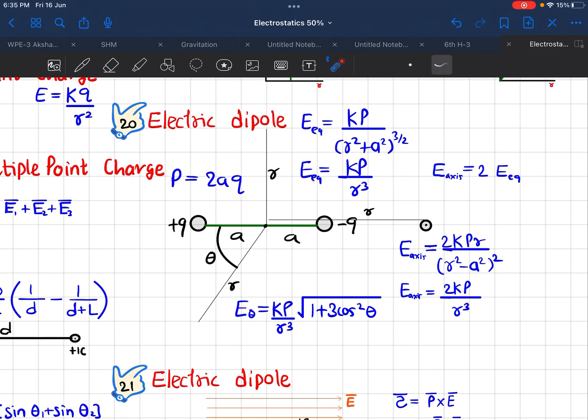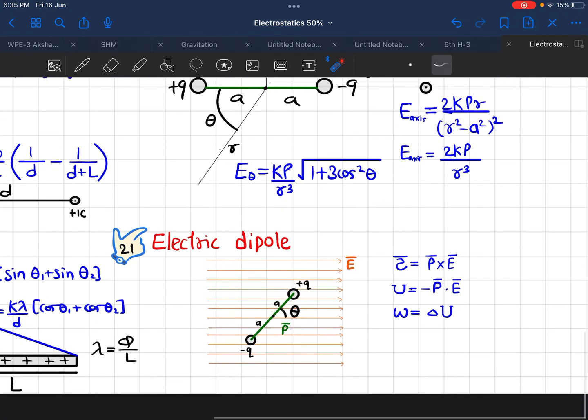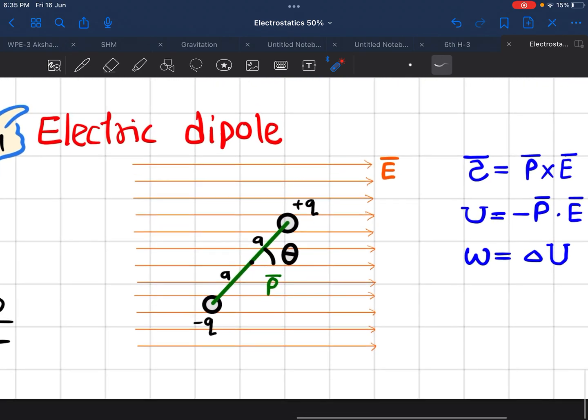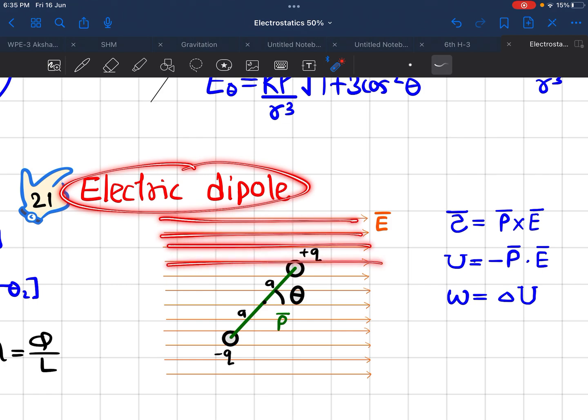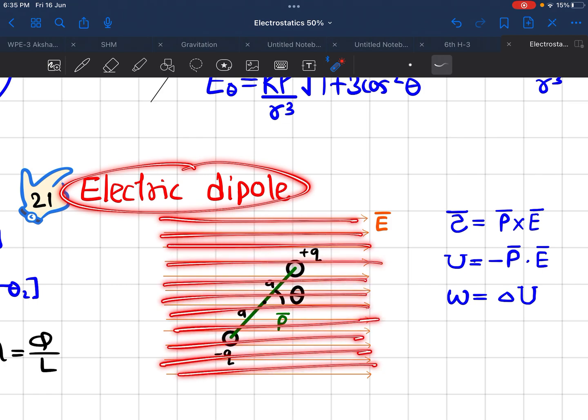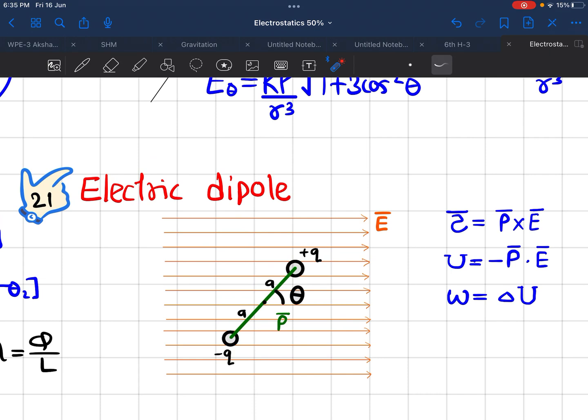Now if we put an electric dipole in a uniform electric field, then we have three important properties: torque, potential energy, and work done.